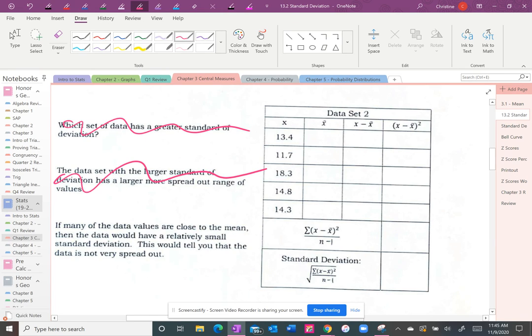Divided by 5 is an average of 14.5. So no matter what column you're in or what row you are in, the average of the data does not change. Okay? Now you're going to find the difference between the numbers.